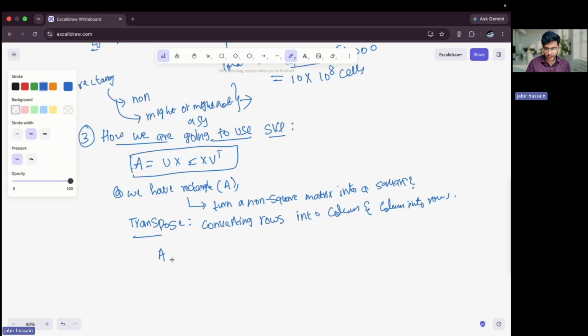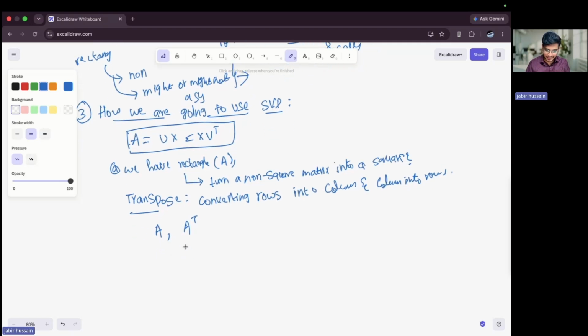If we have A as a matrix, then A transpose will be the transpose of the given matrix. Now there is a property. I believe in lecture 2, when we talked about inverses, we studied transposes, and in symmetric matrices and transposes, I told you a rule.